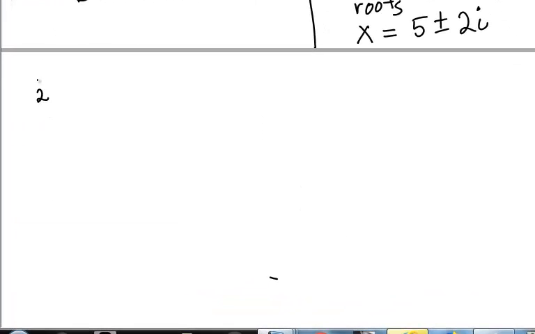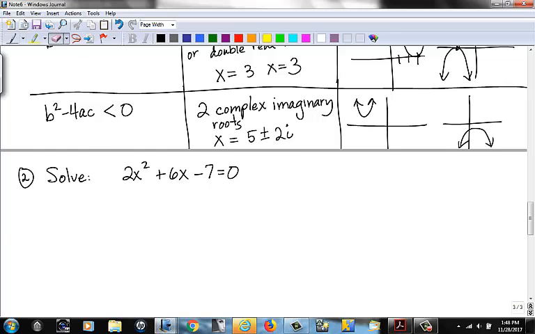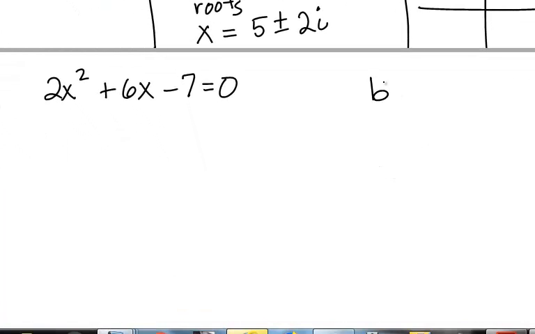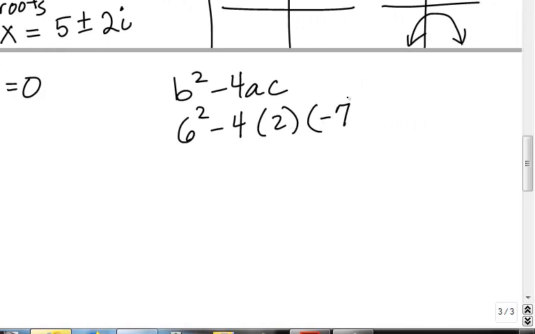Let's do one more. Solve 2x squared plus 6x minus 7 equals 0. And let's say the author said find the discriminant first. So find the b squared minus 4ac. Remember, this is your a, this is your b, this is your c. So b squared would be 6 squared minus 4, my a is 2, my c is negative 7. 6 squared would be 36.